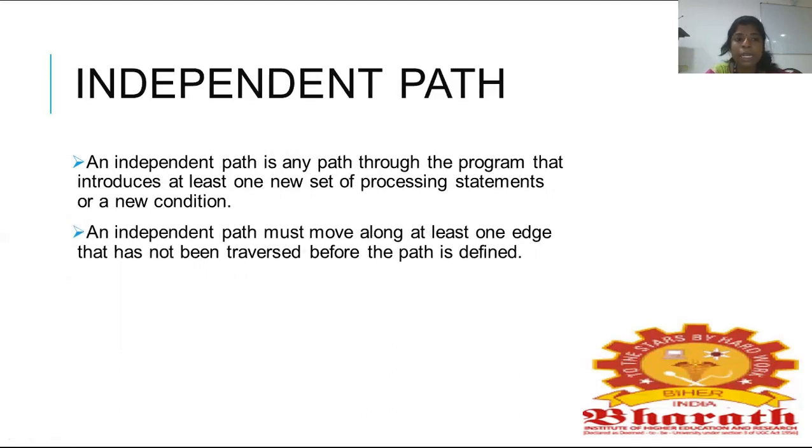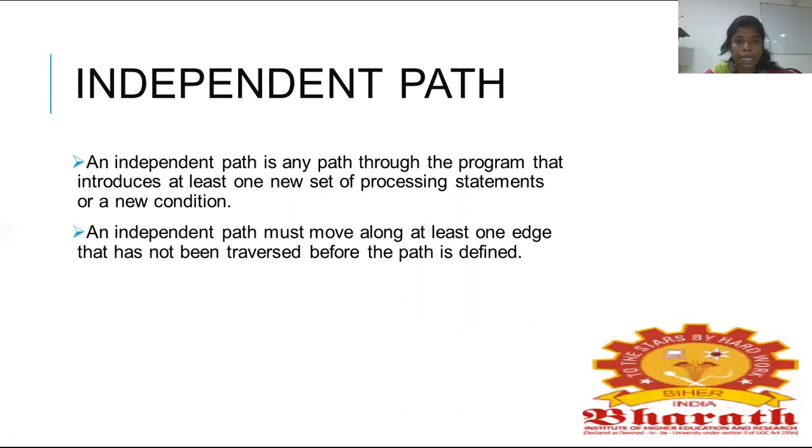Now we saw the techniques we use for white box testing. The first technique is cyclomatic complexity. Each program's logical representation should be checked to calculate how many independent paths it has. That is called cyclomatic complexity. What is an independent path?